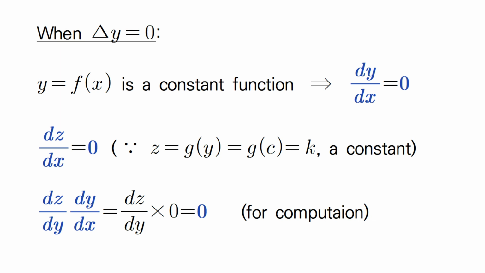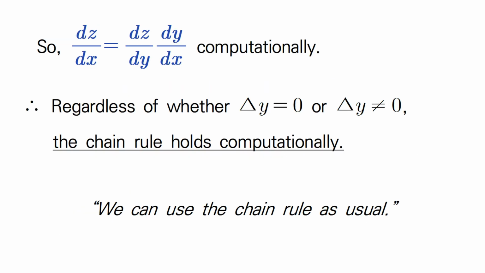Therefore, from a purely algebraic standpoint, dz/dx is equal to the product of dz/dy and dy/dx, since both have the value 0. Therefore, even when delta y is 0, the chain rule formula dz/dx equals dz/dy multiplied by dy/dx holds computationally. In conclusion, whether delta y is 0 or not, we can still apply the chain rule as usual.